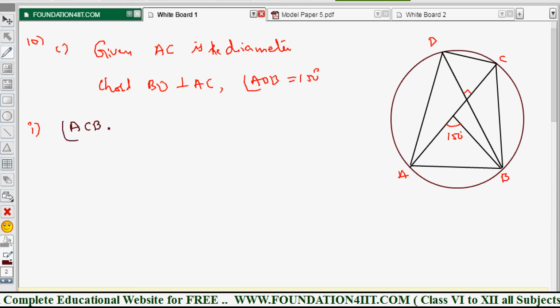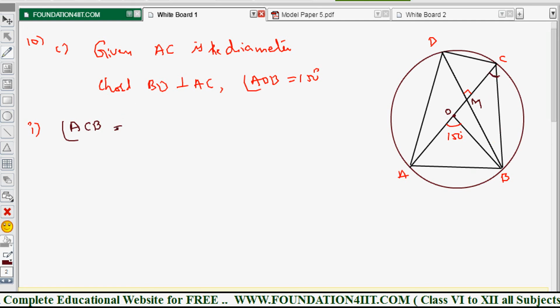Angle ACB is equal to, this is 150 degrees. This is center O. And let's take this point here. So AOB is 150 degrees. That means angle subtended at the center is double the angle subtended at the remaining part of the circle. That means AOB is 150, then ACB is half of that. So this must be half of the angle AOB.